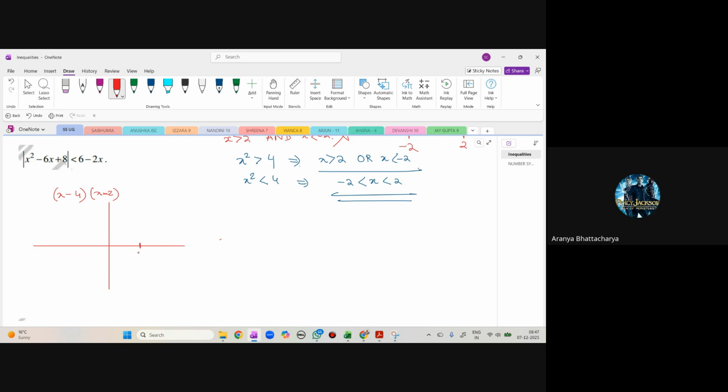Yes, sir. So it will be a parabola which goes like this. This is the graph of this. Okay?